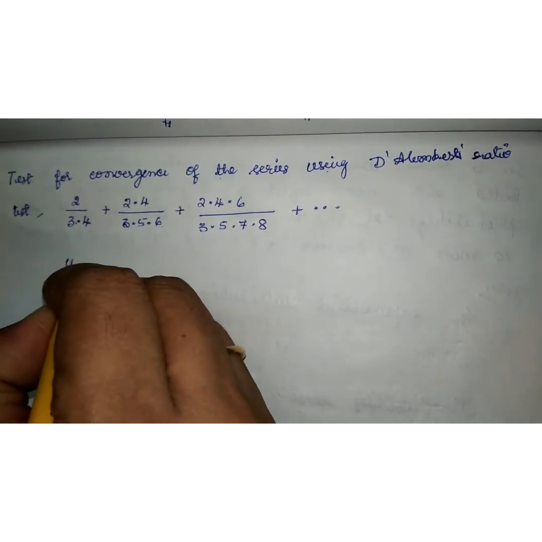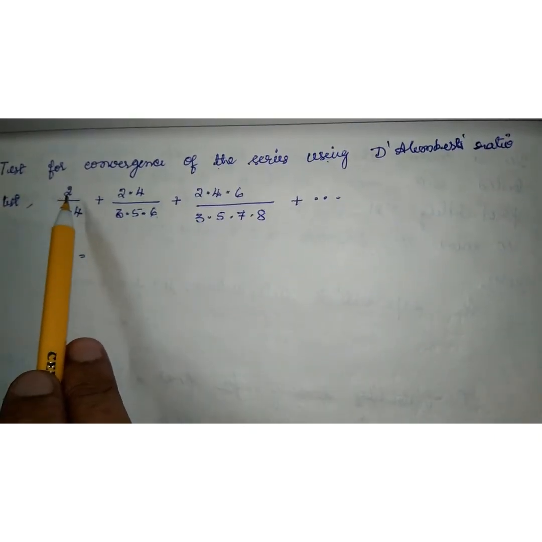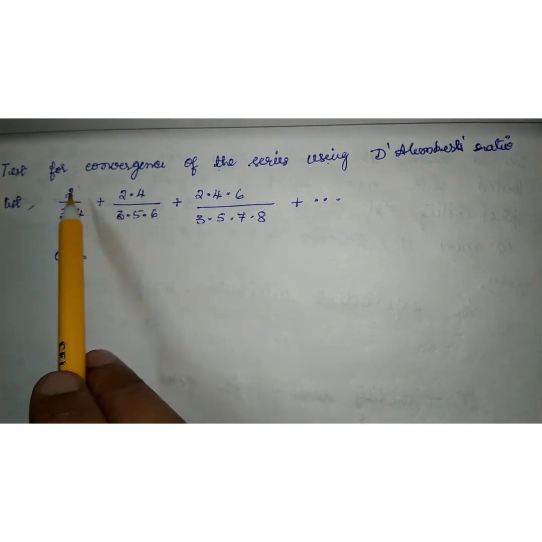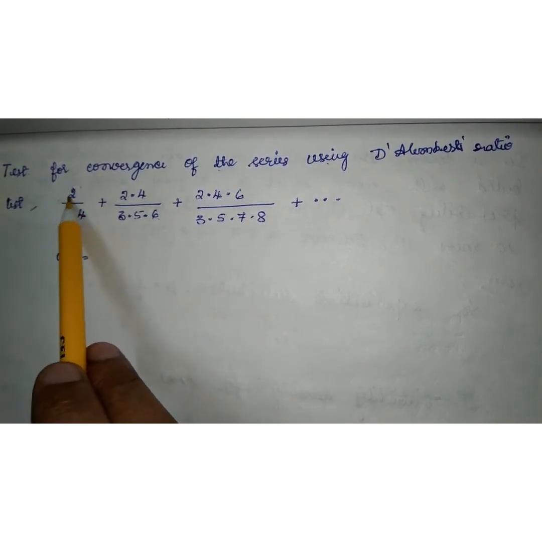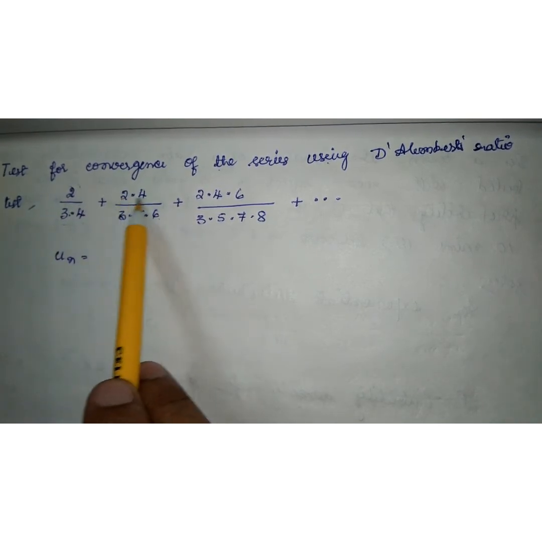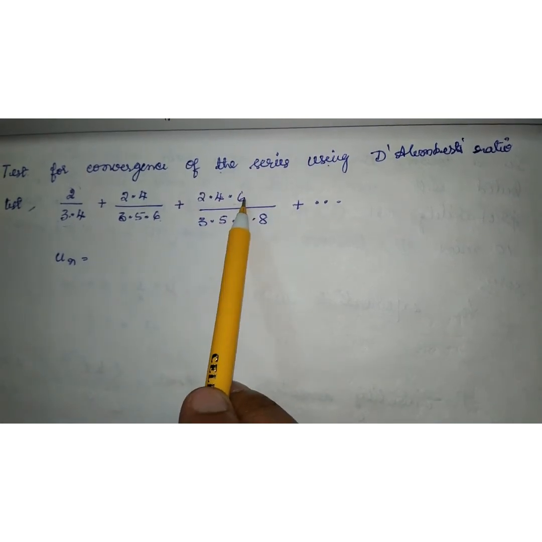By observing, the numerator is the first n even numbers. In the first term n is 1, so one even number. In the second term n is 2, so the first two even numbers. Then the first three even numbers in the third term.